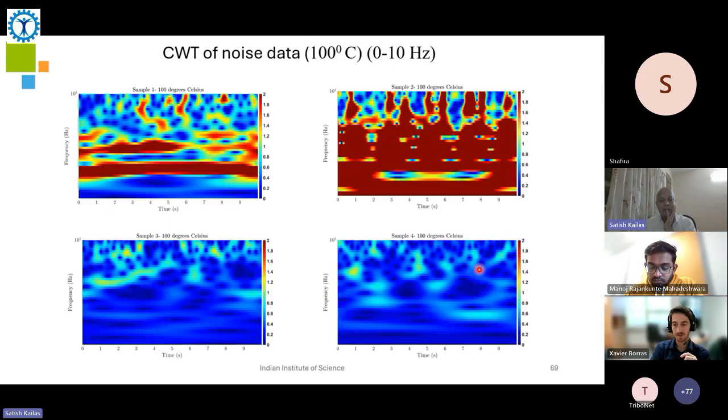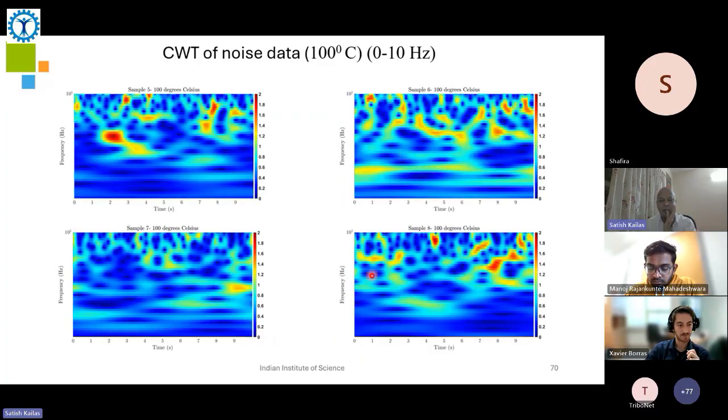So these are at 100 degrees, not going into the details, but clearly showing that for your body lubrication or the base oil, there's a lot of noise that is developed at 100 degrees centigrade in the low frequency regime. And the fully formulated 7 and 8 have much lower noise levels than the other ones.